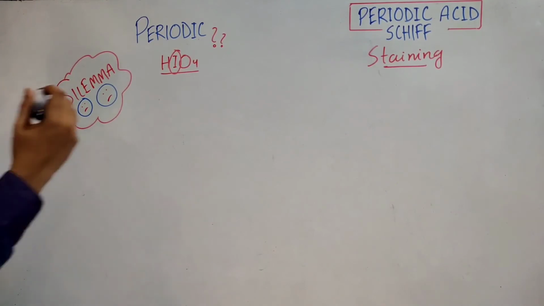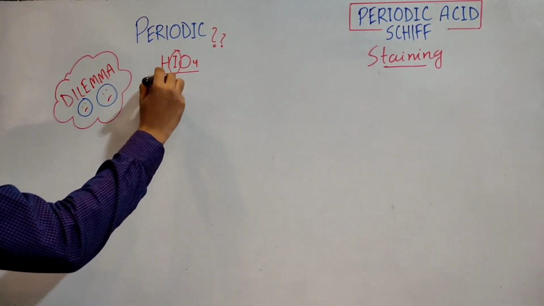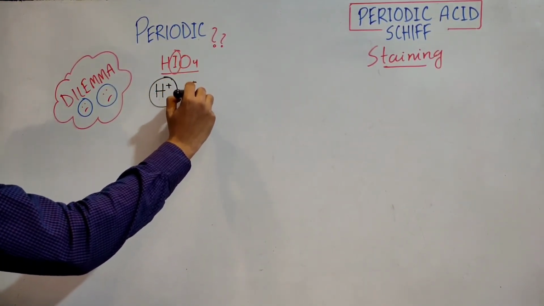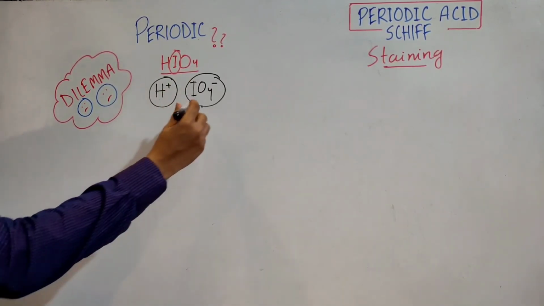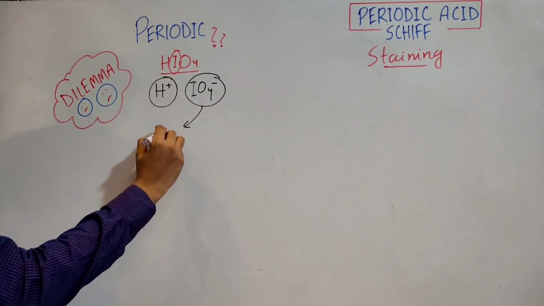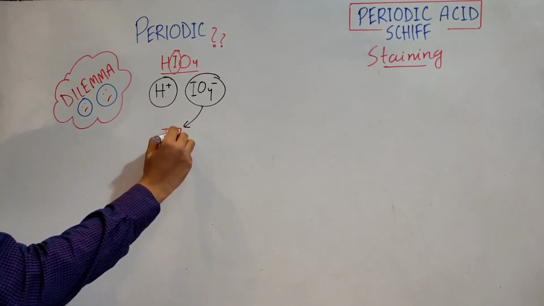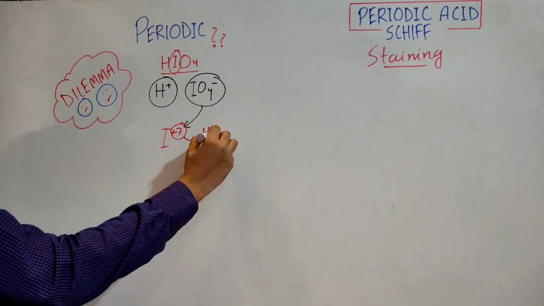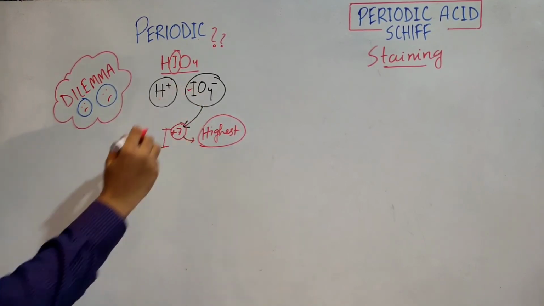So if we try to explain a bit of chemistry, we can see that here we have a proton that's part of the periodic acid, and also we have an anion that is this one. So if we take a look at this, we can say that the oxidation state of iodine in this anion is +7, and this is the highest oxidation state that can be achieved by iodine, right?